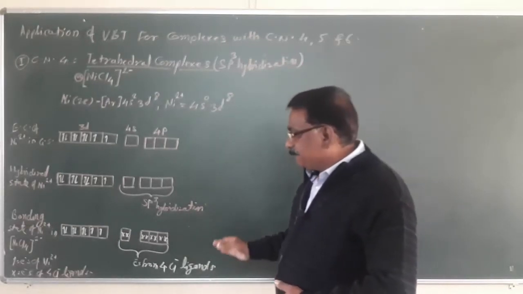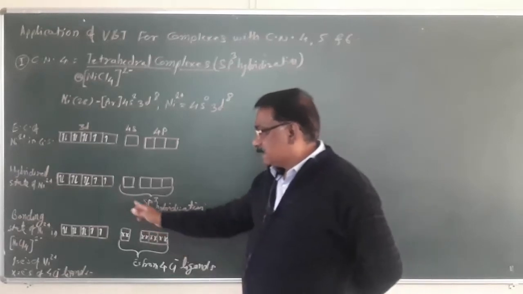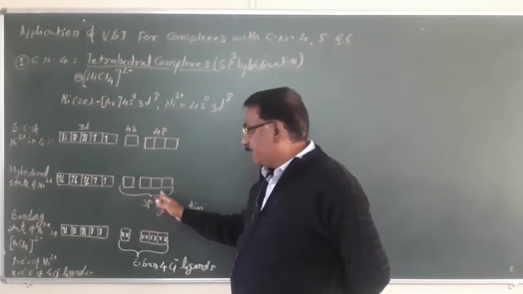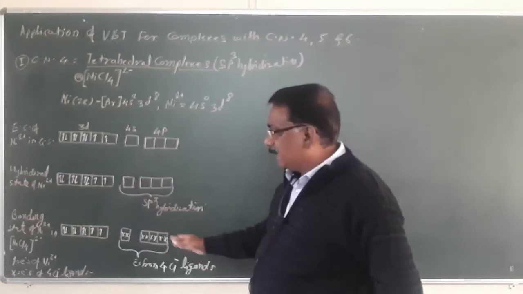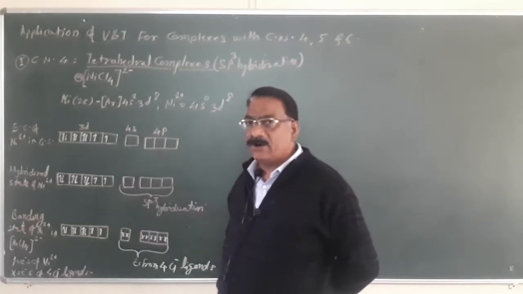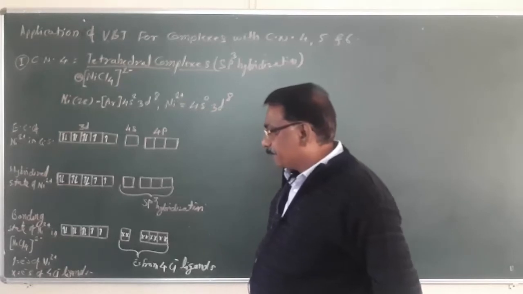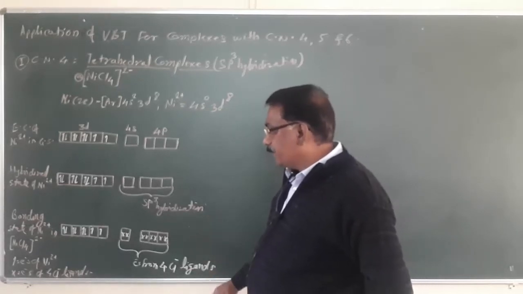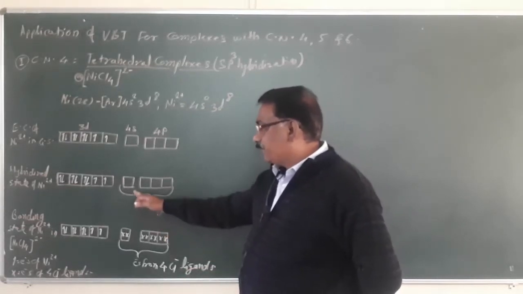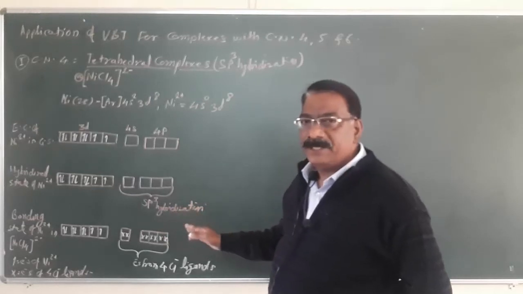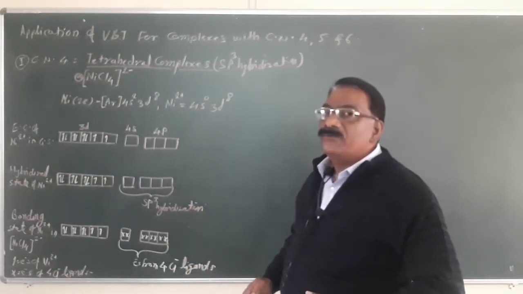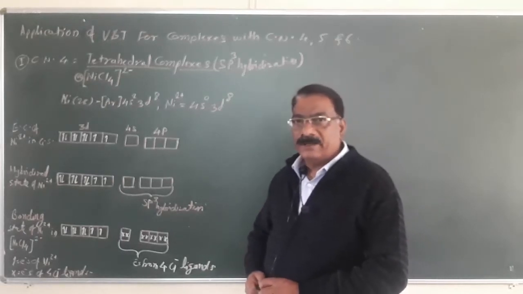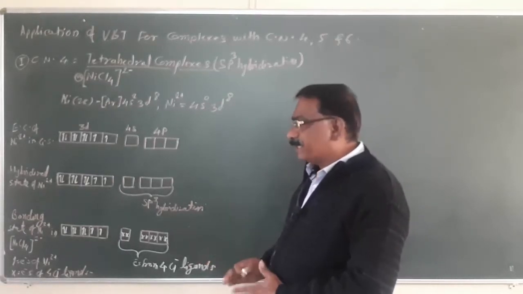So in the sp3 hybridization, the 4s orbital and 4p orbitals undergo sp3 hybridization and we have the hybridized state of Ni2 plus. Then when there is the bonding, these 4 empty sp3 hybrid orbitals of nickel overlap with filled orbitals of chlorine and thus there is the bonding state.